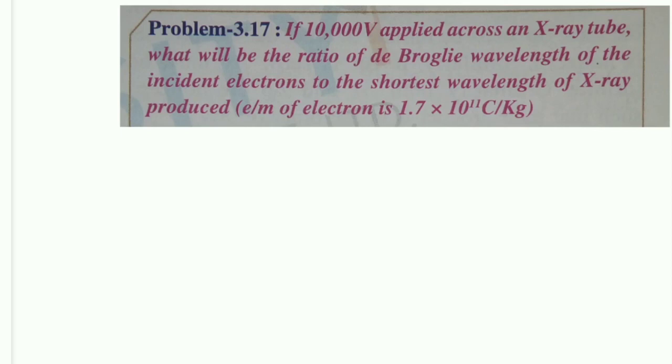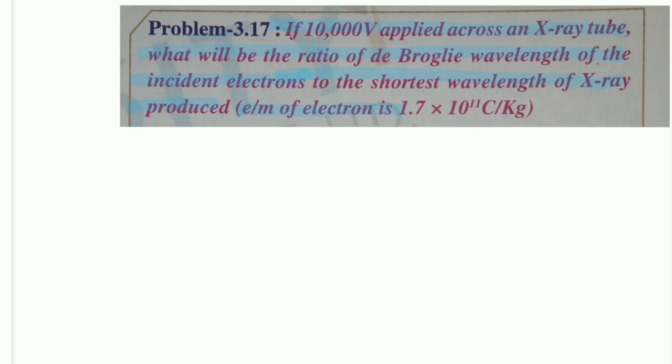If 10,000 volts is applied across an X-ray tube, what will be the ratio of the de Broglie wavelength of the incident electron to the shortest wavelength of X-ray produced? e by m is equal to 1.7 into 10 to the power of 11 coulomb per kilogram.